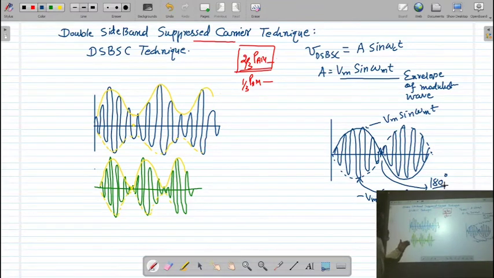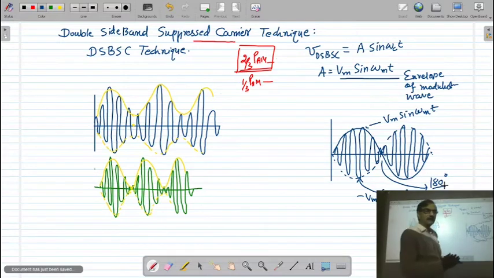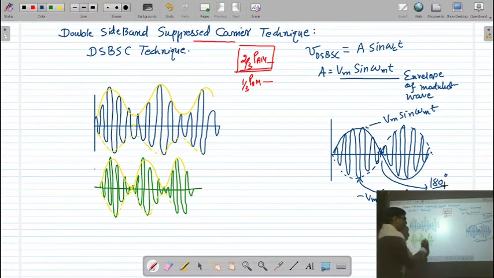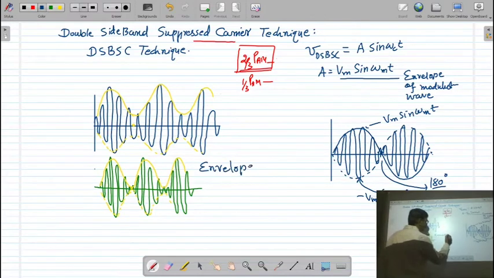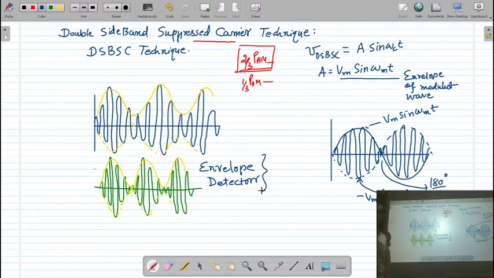Now remember, in a simple amplitude modulation, we can recover the information by simply using an envelope detector. An envelope detector consists of a simple diode and a capacitor.